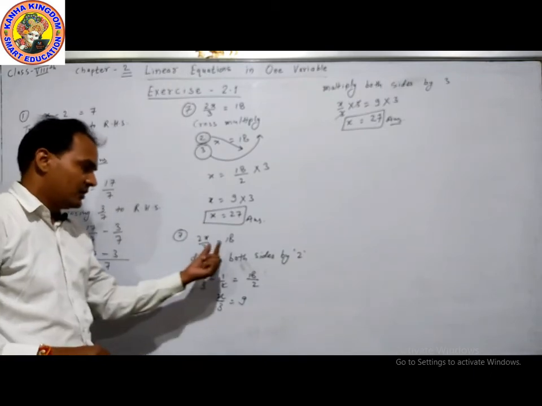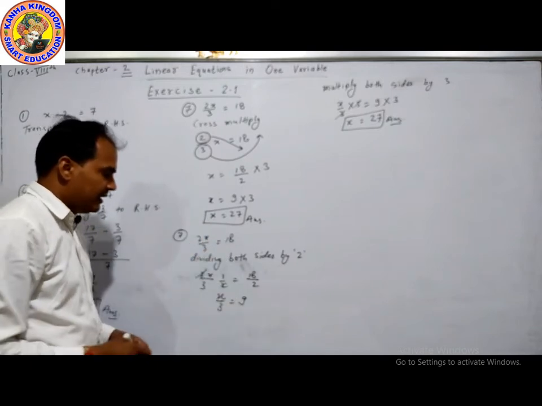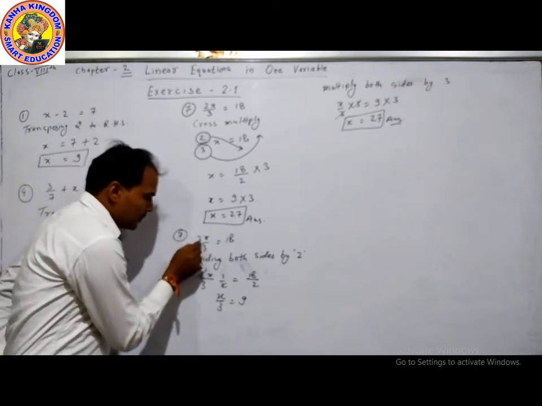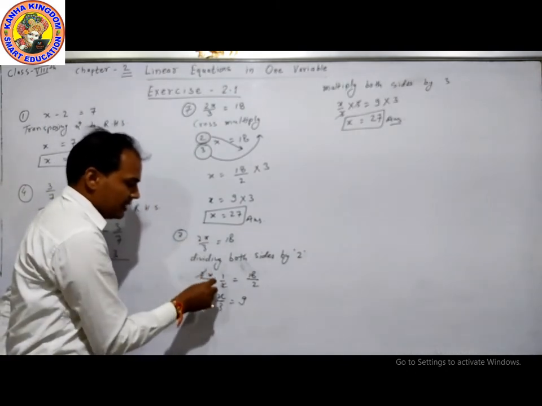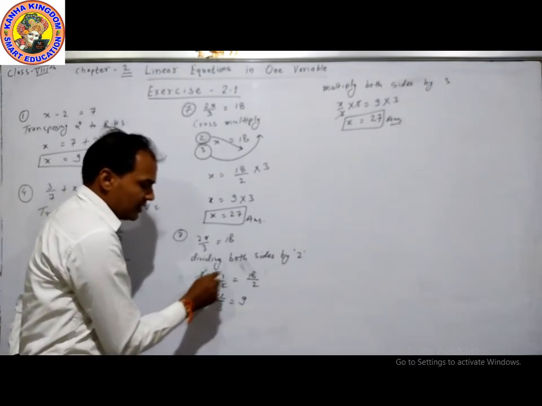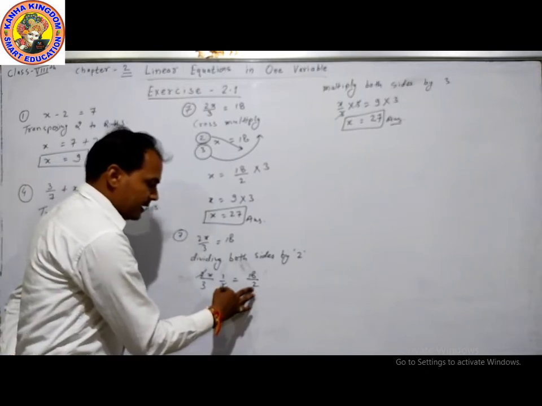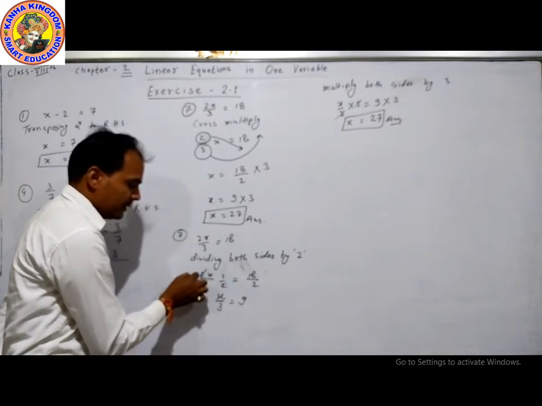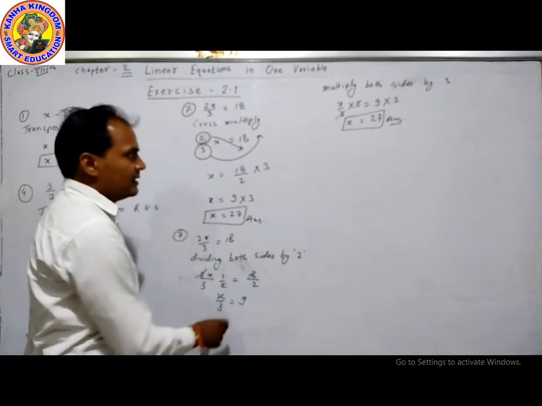Again, see the question. 2x upon 3 is equal to 18. We have to remove 2, so we divide both sides of the equation by 2. 2 and 2 cancel out. x by 3 is 9.